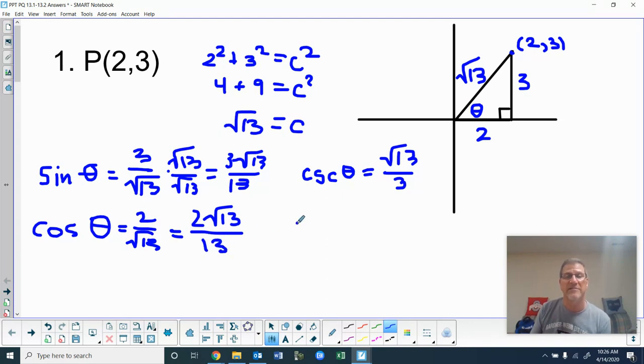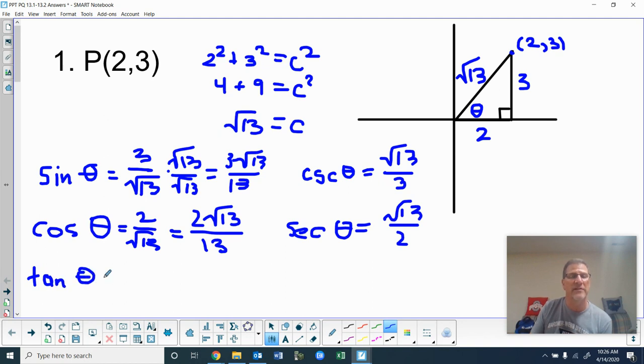All right. And then secant is the reciprocal of cosine, SEC. And again, we just flip that original. So it's the square root of 13 over 2. And then the last two are tangent and cotangent. And TOA, remember, SOHCAHTOA.